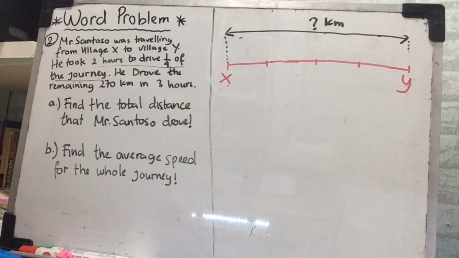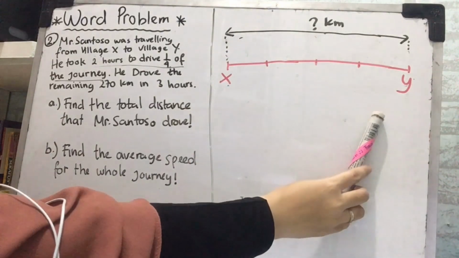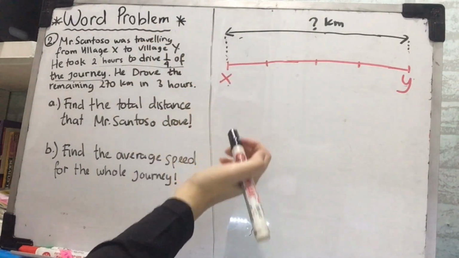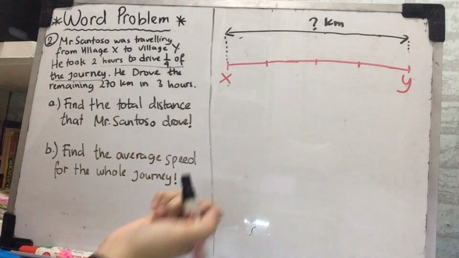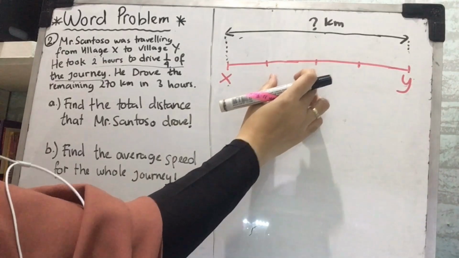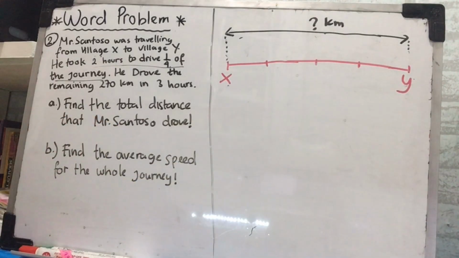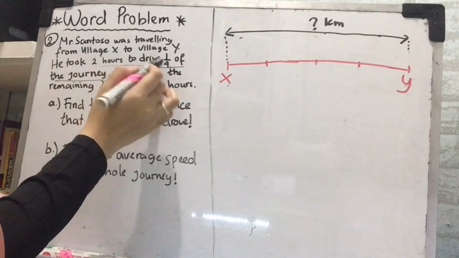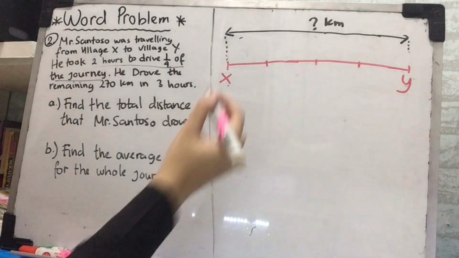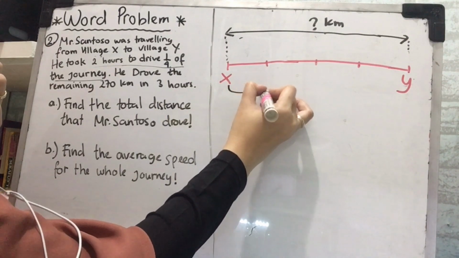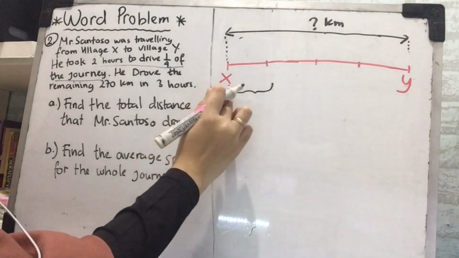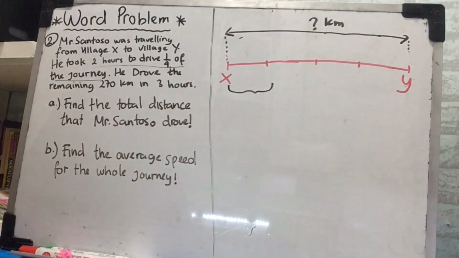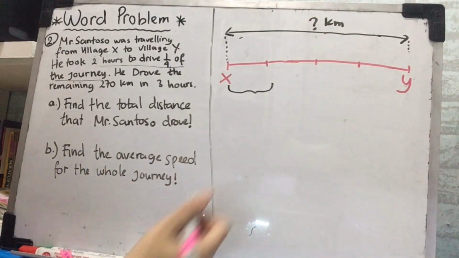So we can divide the total distance of the journey into 4 units or 4 parts: 1, 2, 3, 4. He took 2 hours to drive 1/4, one of 4 units of the journey.